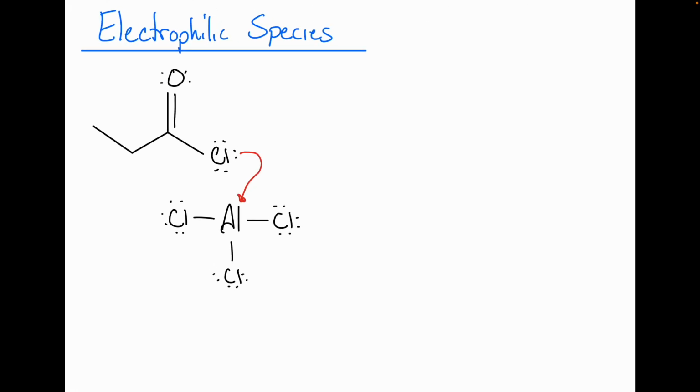So that chlorine attacks that aluminum, but then that carbon just kicks that chlorine off, creating another carbocation, but this one's special because it's located at a carbonyl carbon.